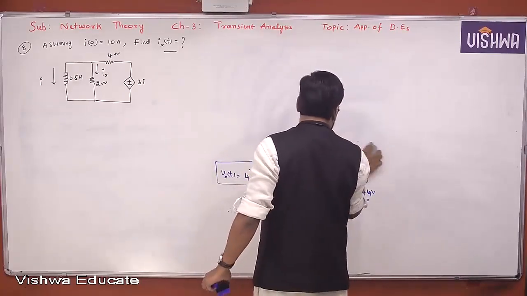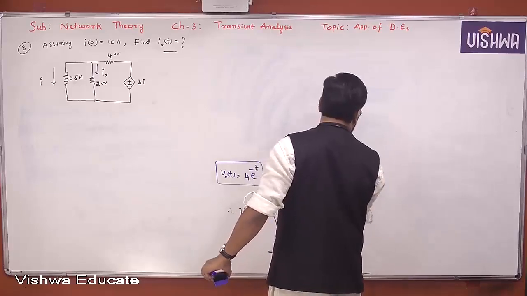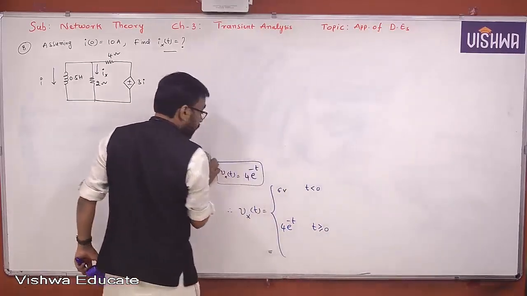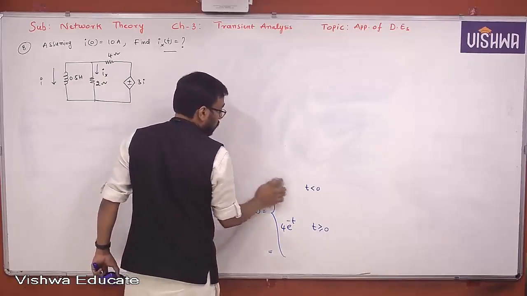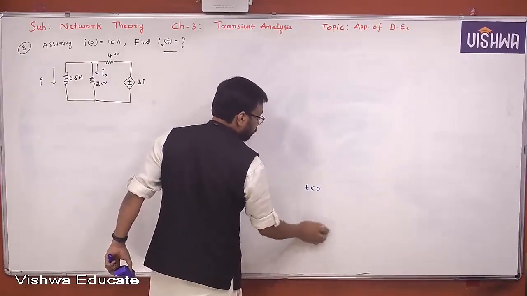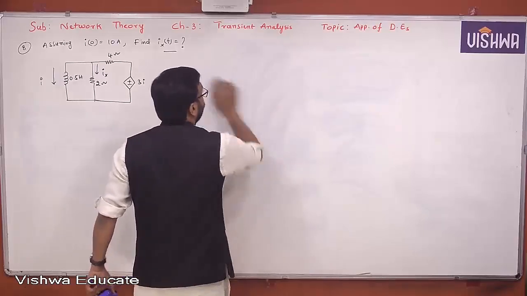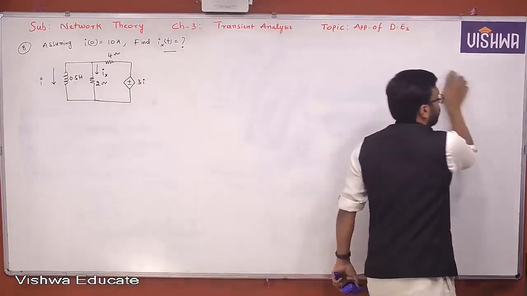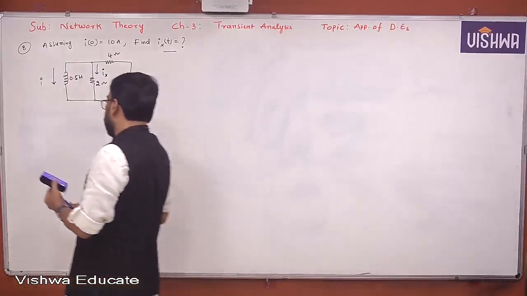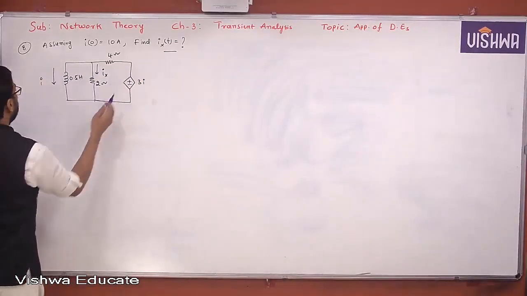Another is, it is excited by what? There is no independent source. When there is no independent source, that means zero step input excitation we can assume. Yes or no? Therefore, first order circuit and zero step excitation, that means category 1. So the formula can be applied. So what is the formula for Ix of t?